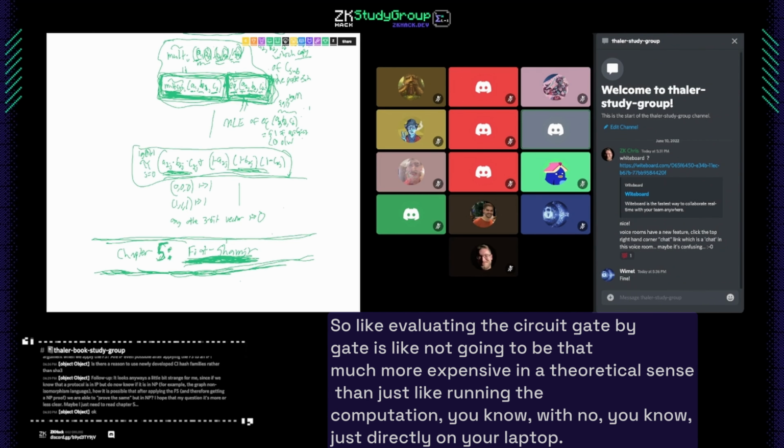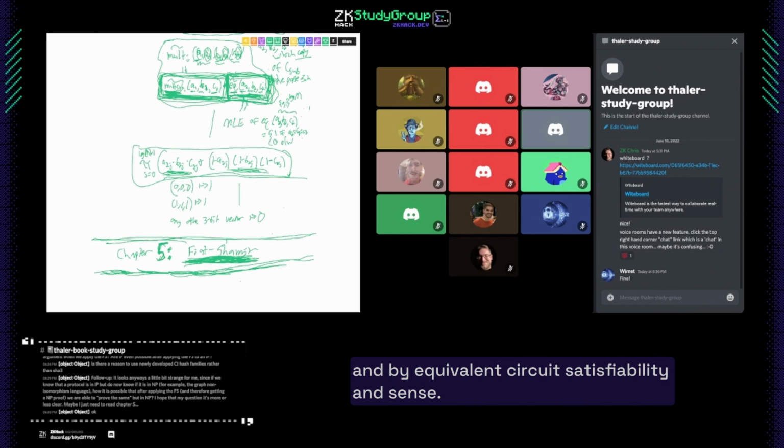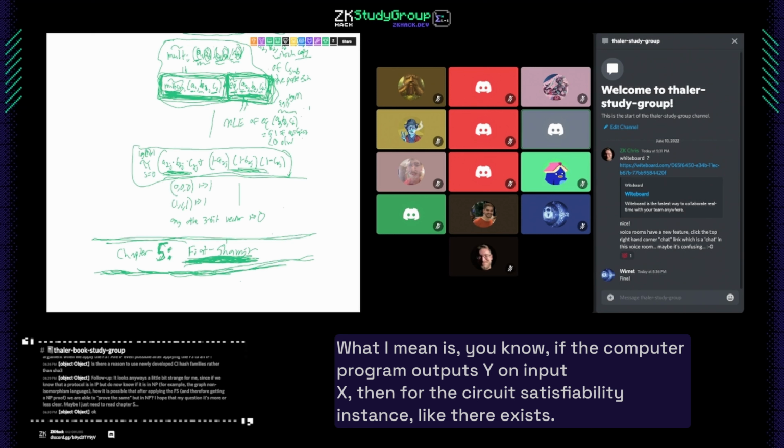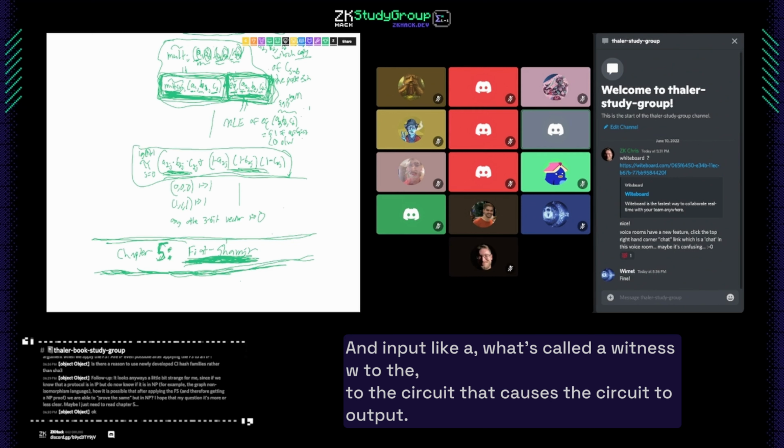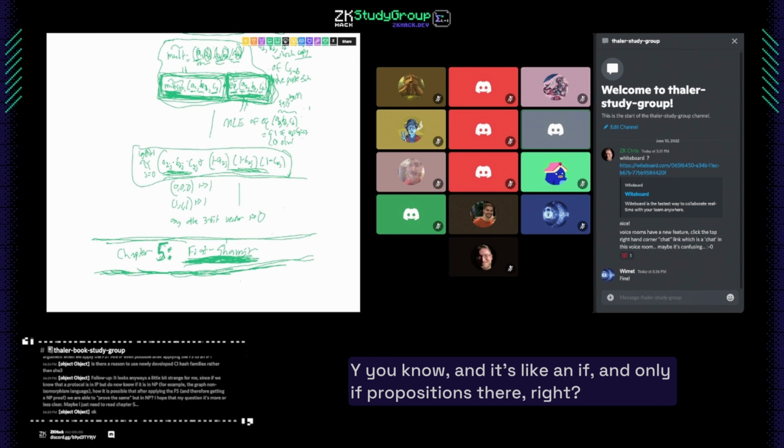So evaluating the circuit gate by gate is not going to be that much more expensive in a theoretical sense than just running the computation directly on your laptop. And by equivalent circuit satisfiability instance, what I mean is, if the computer program outputs Y on input X, then for the circuit satisfiability instance there exists an input, what's called a witness W, to the circuit that causes the circuit to output Y. It's an if-and-only-if proposition.